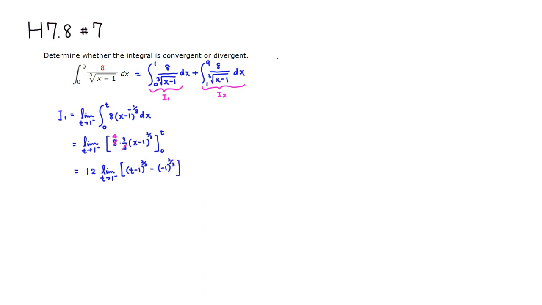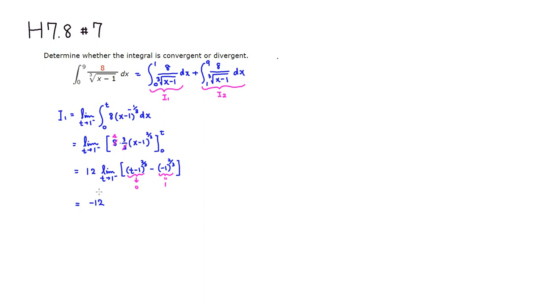Negative 1 to the 2/3 power is actually just 1, because negative 1 squared is positive 1, and the cube root of positive 1 is still positive 1. And as t approaches 1, 1 minus 1 is 0, so this guy approaches 0. So it's going to be negative 1 times 12, which is negative 12. That's just the one half of it.